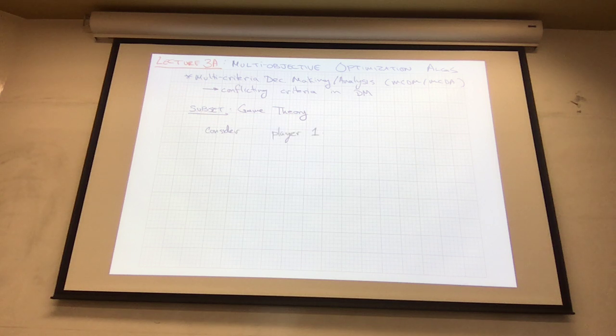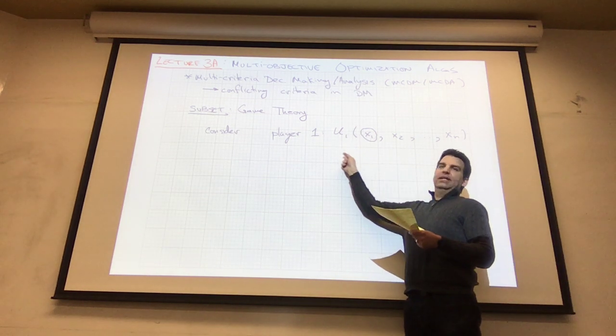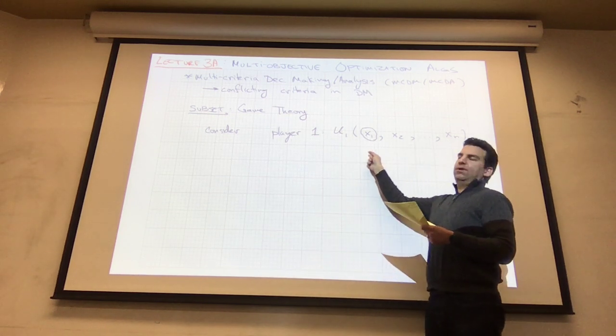Each player, let's call it player 1, has some objective important to itself, which I'll call a utility function, that has various decision variables, but player 1 only has access to one. So U1 is the benefit to player 1, but player 1 really only has control over X1.